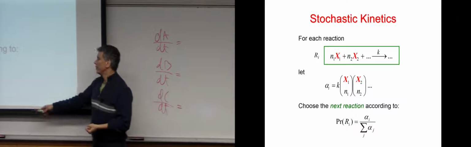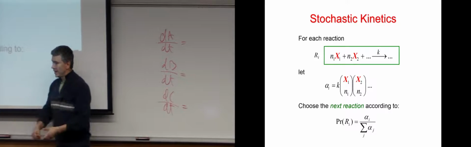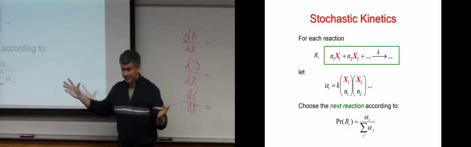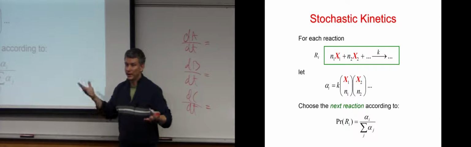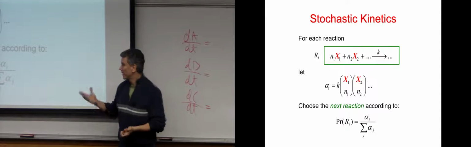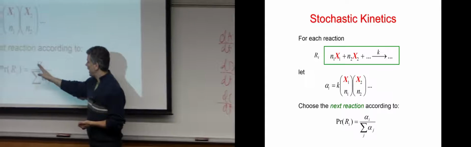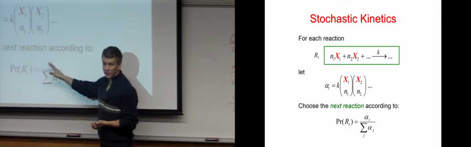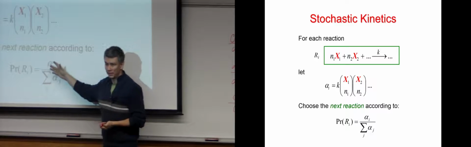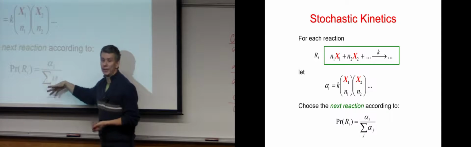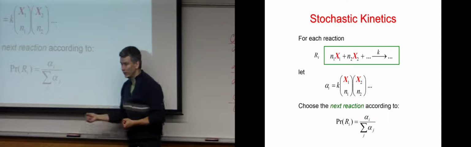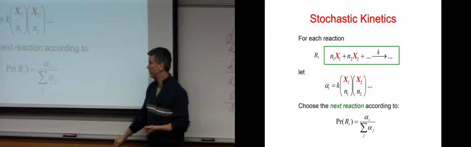But the mathematical distinction is you compute a bunch of propensities, and then you obtain the probability by normalizing. If your alphas all summed up to 100, and you computed an alpha value of 30, that's not the probability, but 30 divided by 100 is. So it's just the probability before you normalize. It's quite intuitive, I think.